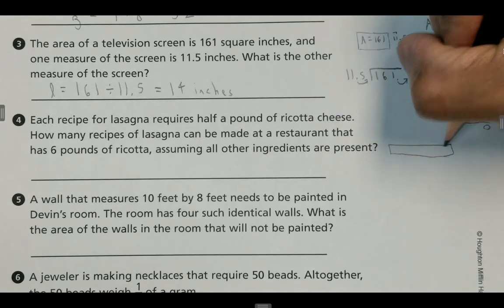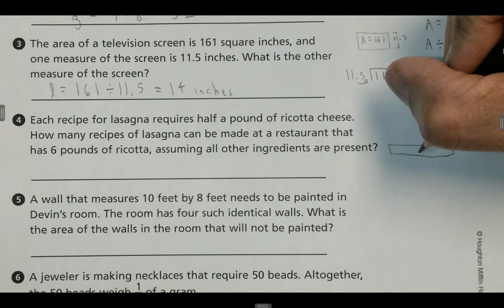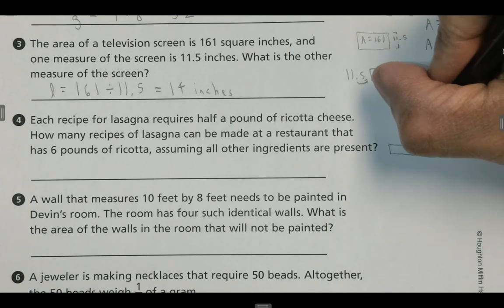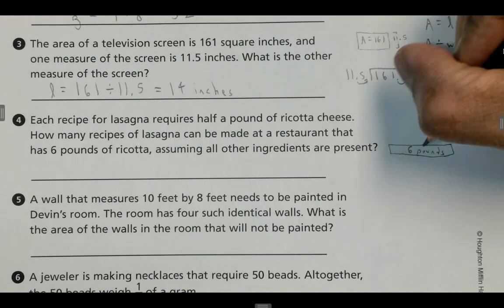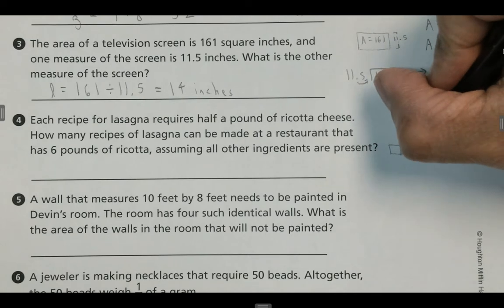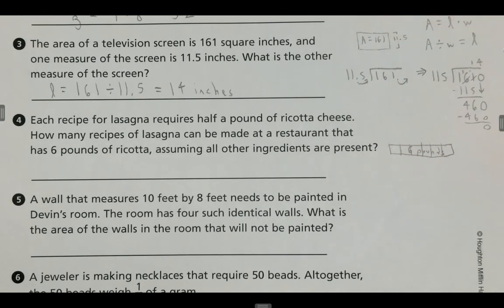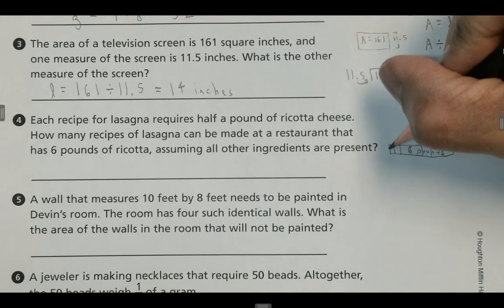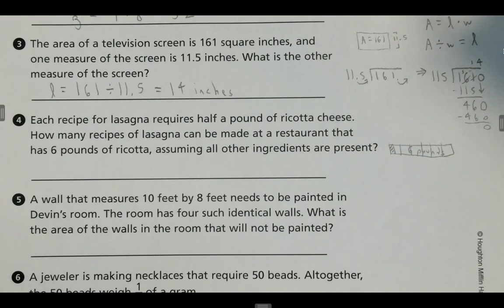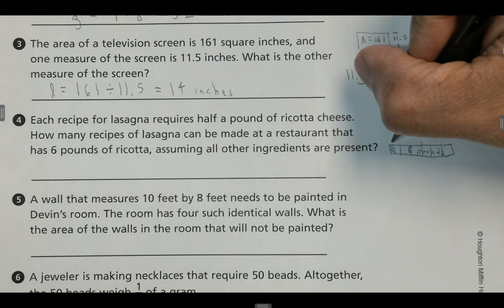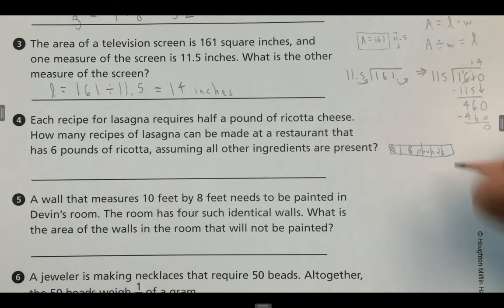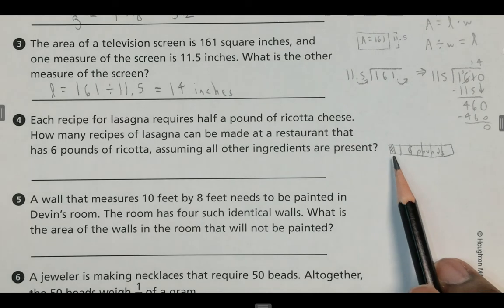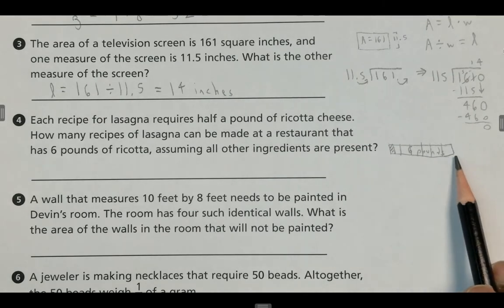Let's say I've got this bar that represents my 6 pounds, and divide that up into pounds. 6 pounds of ricotta, and I only need half of a pound to make one serving, I guess you could say, or one tray of lasagna. How many recipes of lasagna can I make if I have 6 pounds?